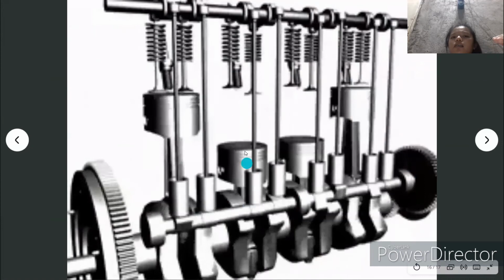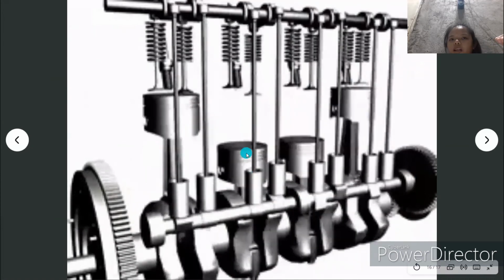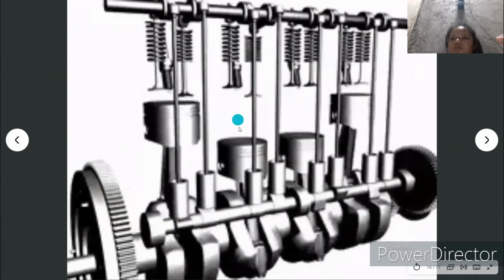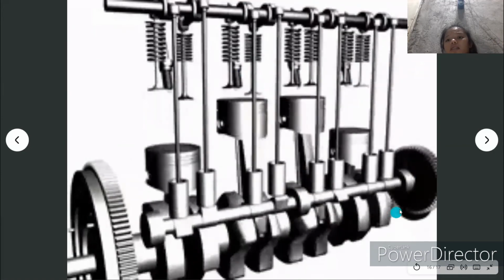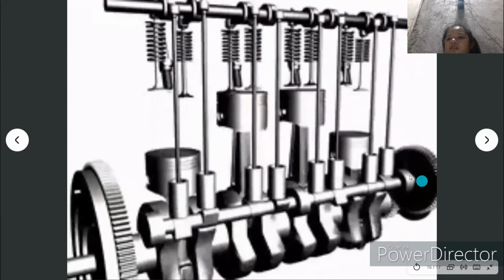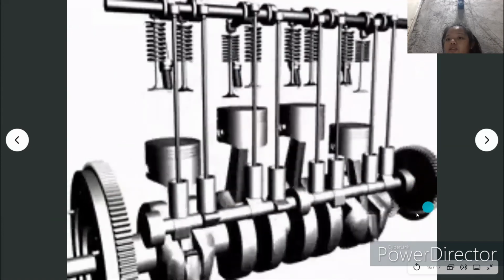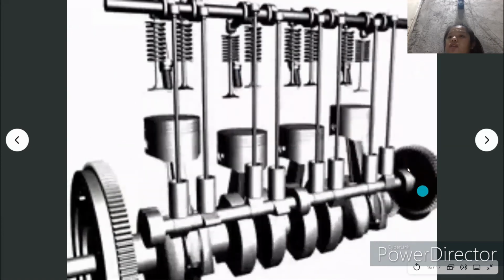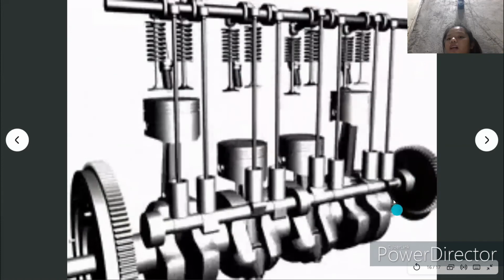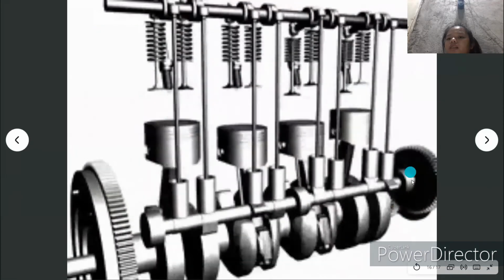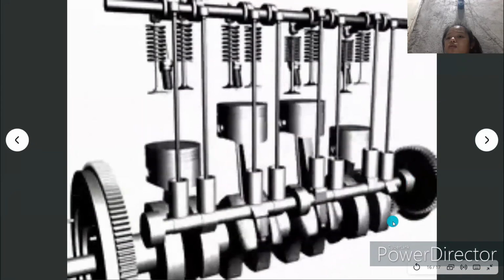Basically, once our piston moves, once it reaches the top dead center, our crankshaft will also rotate. The gear of the crankshaft is connected to the gear of the camshaft, so once the crankshaft gear rotates, the camshaft gear also rotates. The revolution of our camshaft is 1/2, while the crankshaft is 1.